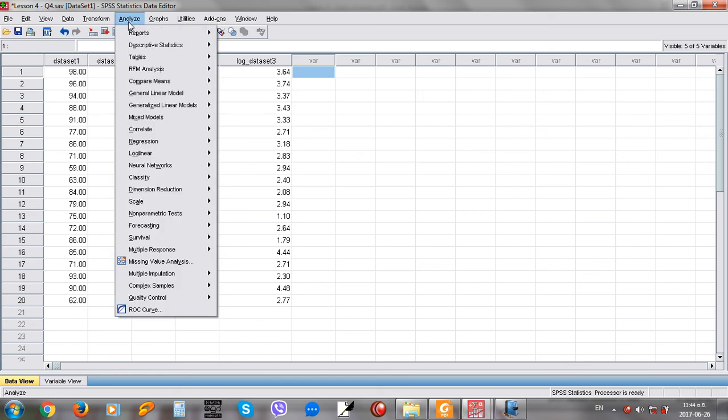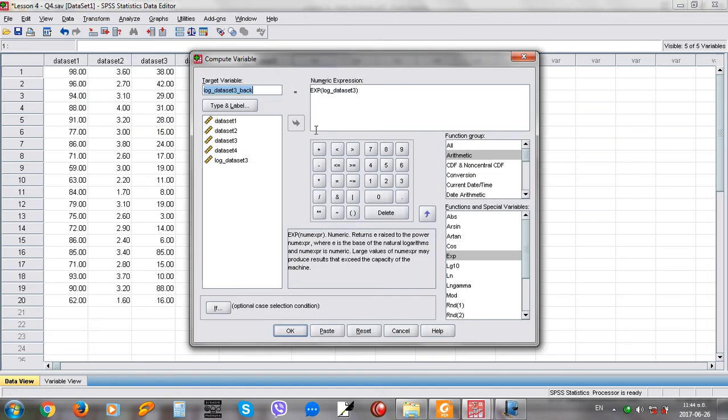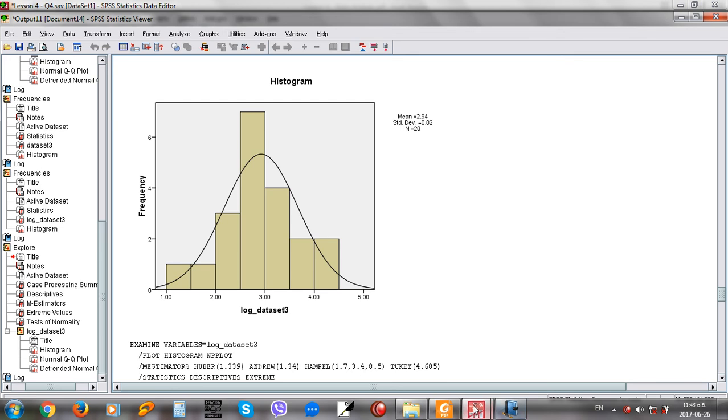So we go again to Transform, Compute Variables. Now we delete this one. We have to get the inverse, so for ln, the inverse is the exponential. So we take the log data and see what happens.